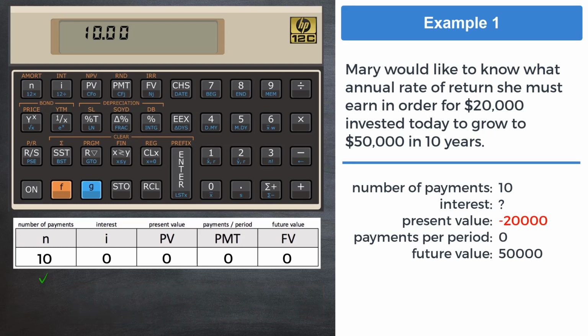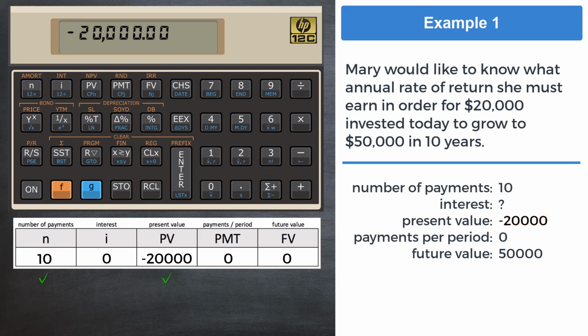To make this number negative, press the CHS key in the middle top row. CHS stands for change sign, and it will make positive numbers negative and vice versa.